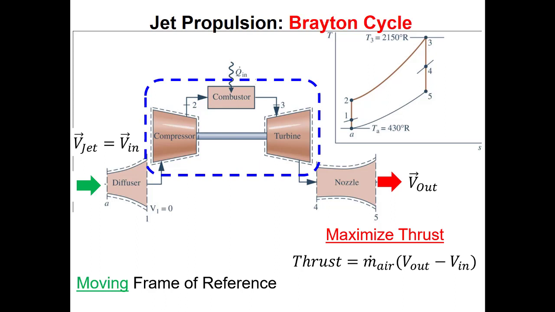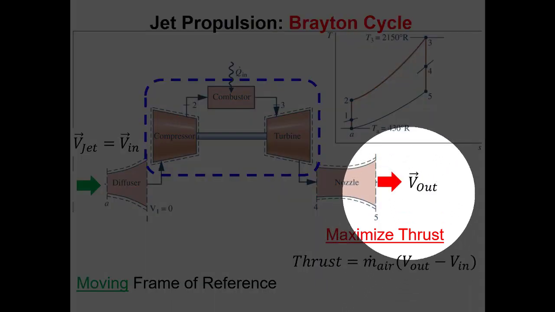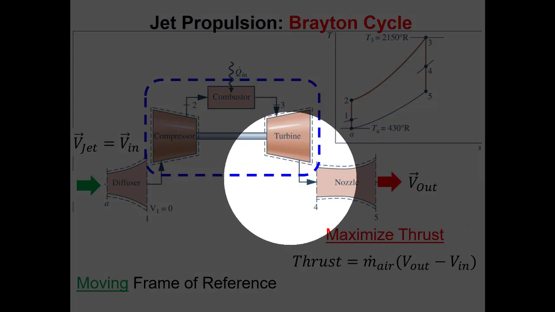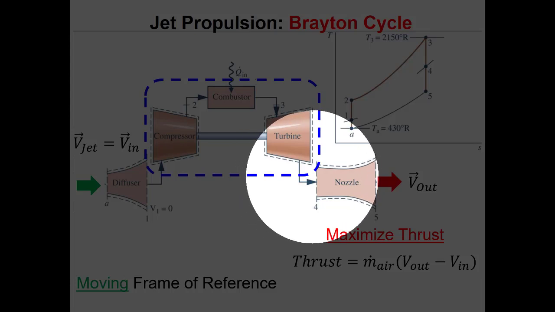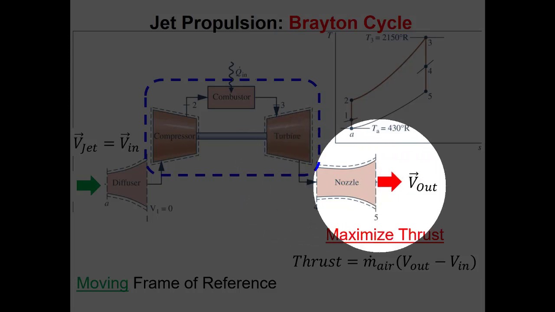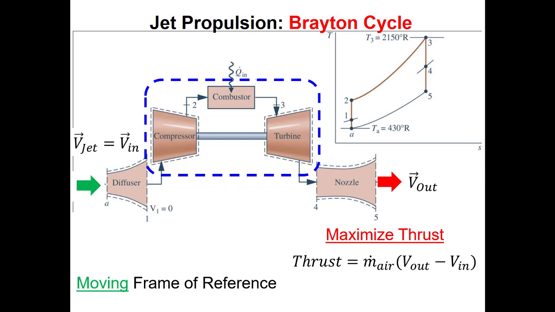But it's a very special Brayton cycle because what we want to do is maximize the velocity here. What that means is we want as much enthalpy in the fluid as we can when it comes out of the turbine, because we want to turn that enthalpy into kinetic energy at the exit of the nozzle.